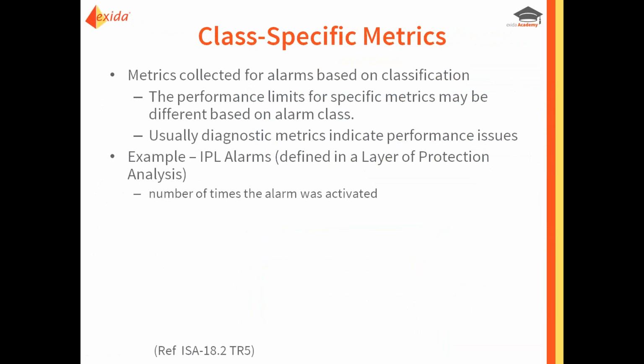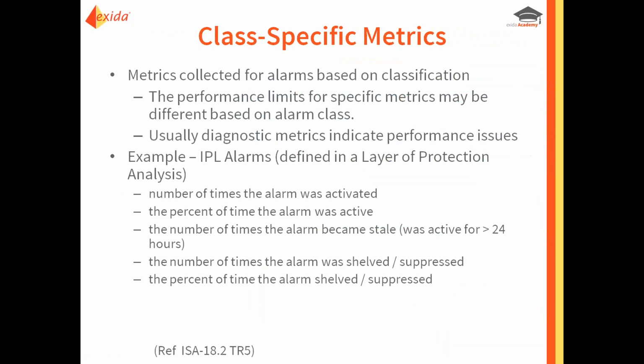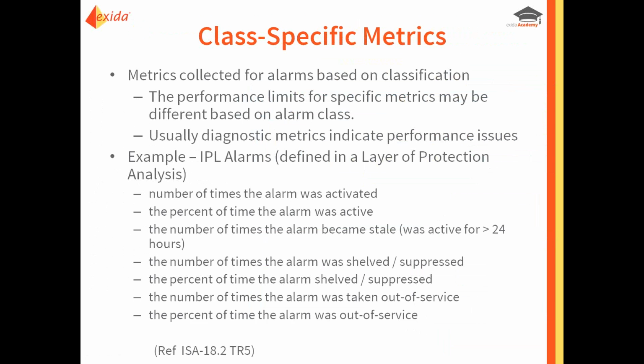So thinking about alarms that are used as independent protection layers, those that are defined in a LOPA, we might be interested in seeing the number of times the alarm was activated, percent of time it was active, the number of times it was stale, meaning it was active for more than 24 hours, number of times and percent that the alarm was suppressed or shelved, and the number of times or percent that it was out of service for maintenance.